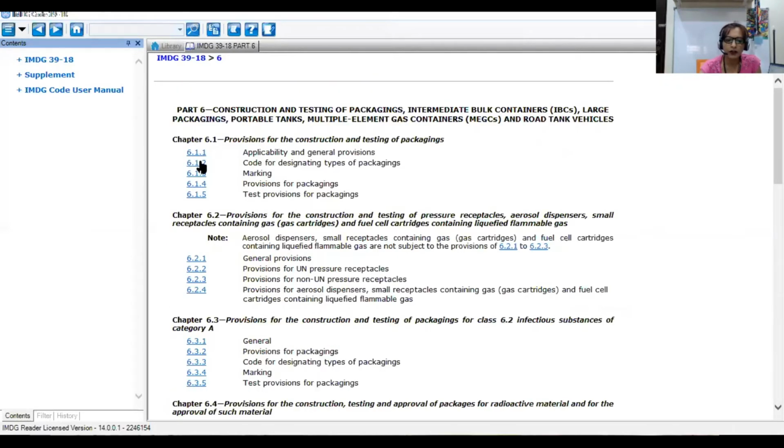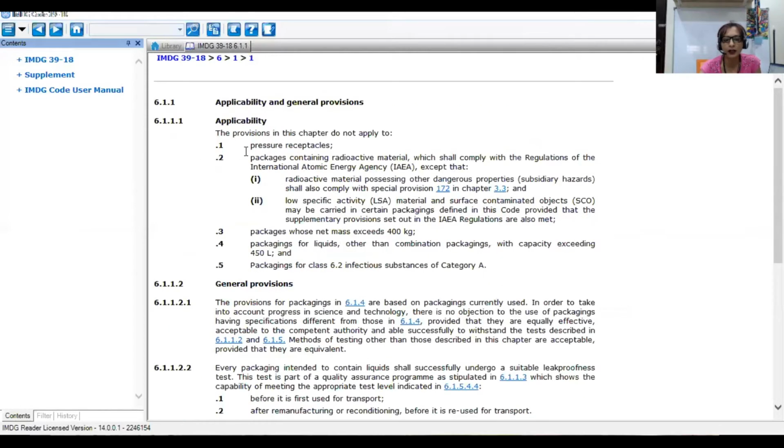So first, of course, every chapter of the code will start with giving you its general provisions and its applicability. In this, it'll tell you that the provisions of this chapter don't apply for radioactive substances.